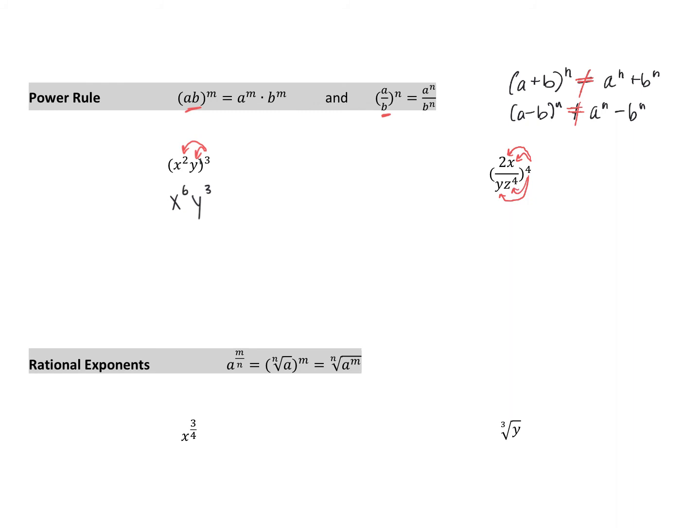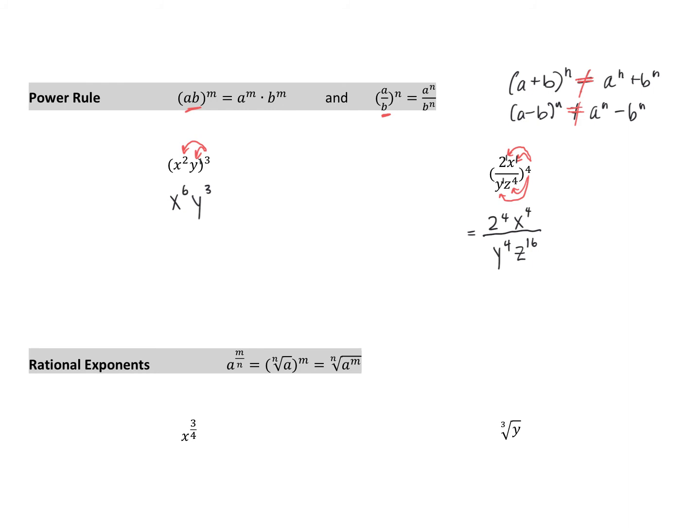Since it's all multiplying and dividing, there's no addition or subtraction in the parentheses, you can apply the power rule here. So when you do that, you'll have 2 to the 4th times x to the 4th over y to the 4th z to the 16th. So you simply multiply the exponents that are already in there with the 4 on the outside.